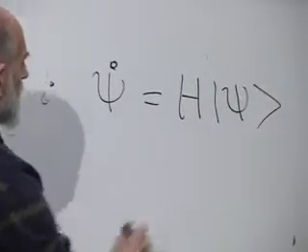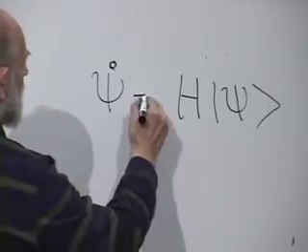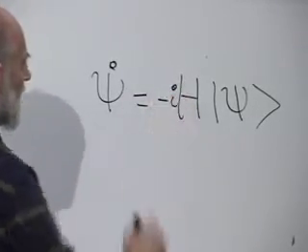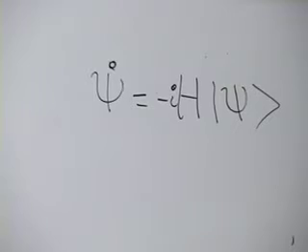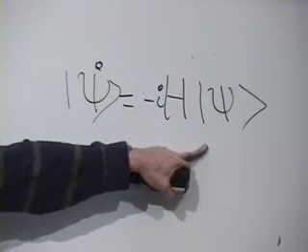Do I have the sign correct? Yes, I do. We can put the i on the other side: psi dot is minus i h psi.